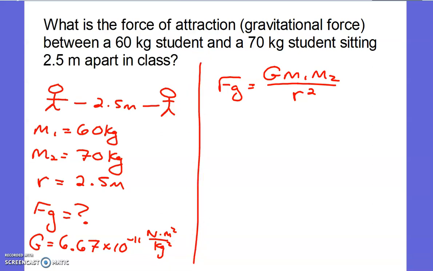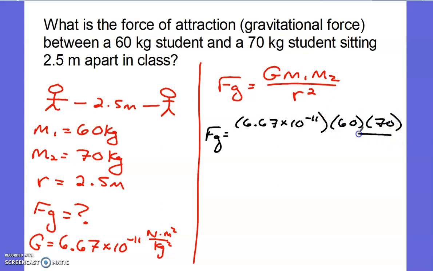So at this point we can place our numbers into our formula. G is 6.67 times 10 to the minus 11. The two masses are 60 and 70. And the distance between the two objects is 2.5 meters.